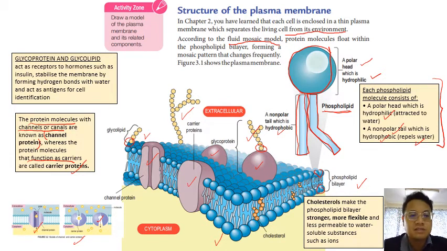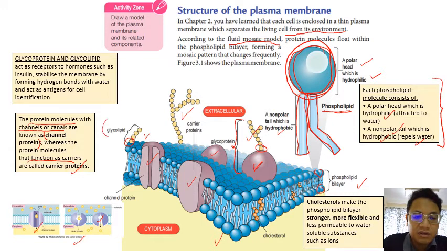Hence, the carbohydrate that attaches to the protein structure is called glycoprotein. Carbohydrate chain that attaches to the lipid structure, or phospholipid, is called glycolipid. So this is how we differentiate them.